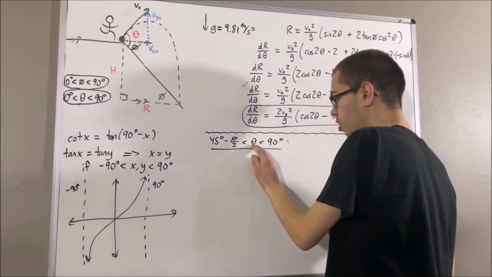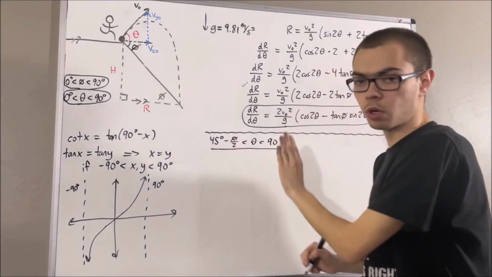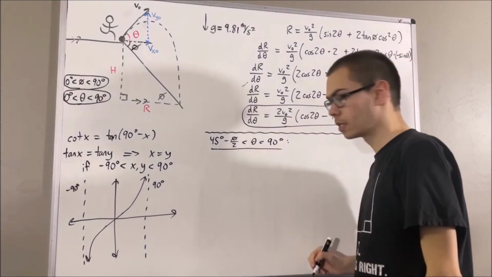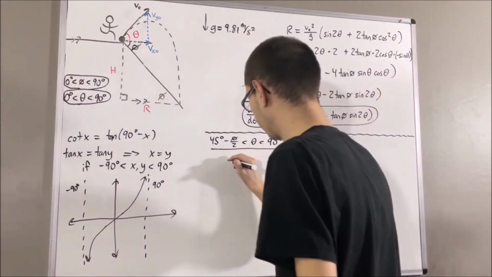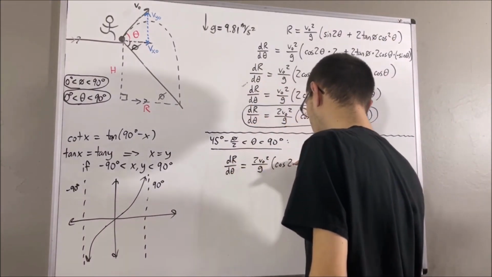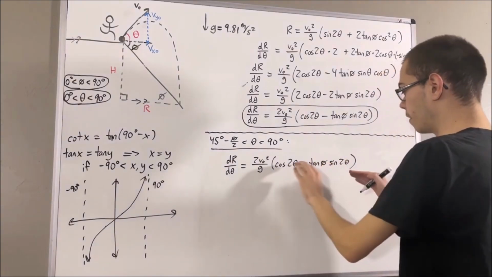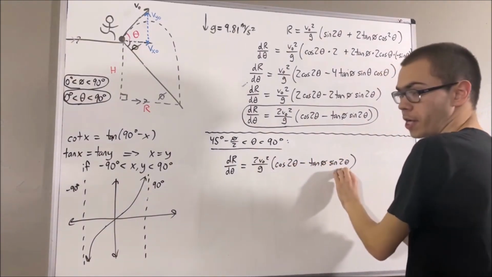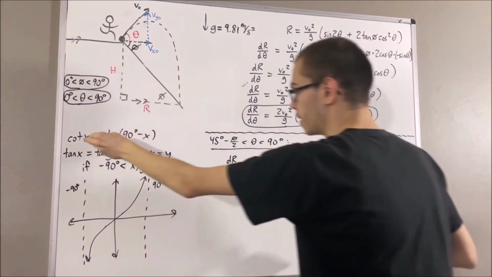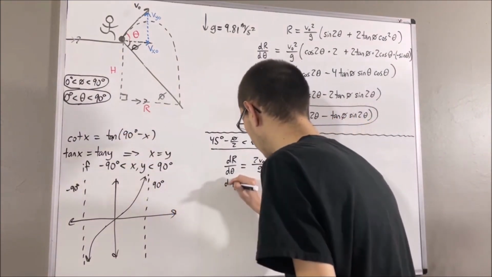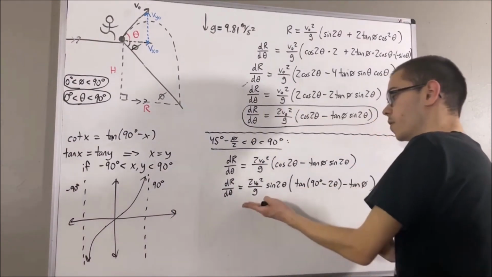What happens if the launch angle is between 45 degrees minus phi over 2 and 90 degrees? We want to show that the derivative is negative. So, first of all, let's write out the derivative again. And just as we did before, we can factor out sine of 2 theta from this parentheses, and we can apply this identity to obtain this.